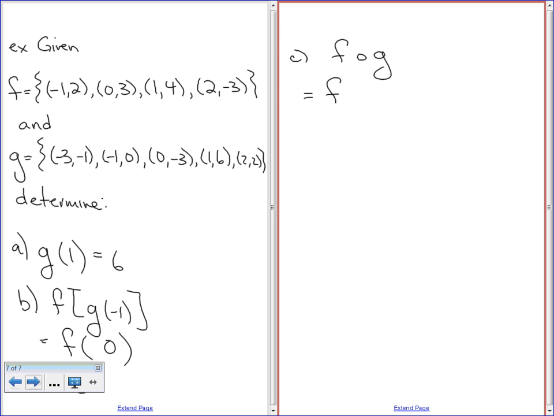So F circle G means F evaluated at G of X. So you always, with a composite function, start with the inside function. So with a composite discrete function, you're going to start with the domain of the inside function. Start with domain, and that's important, of inside function.